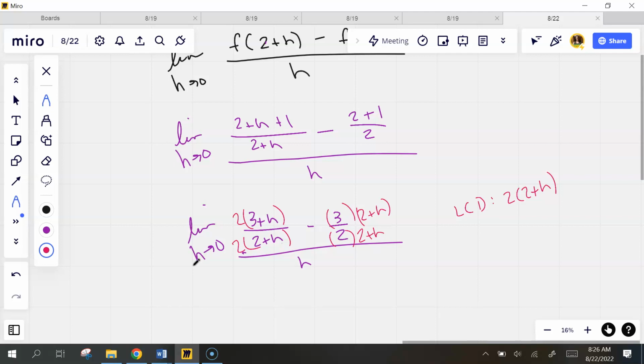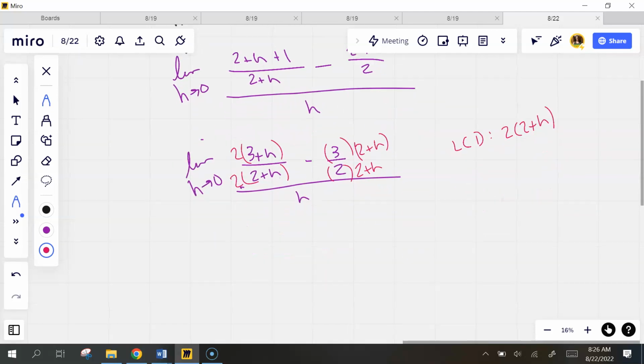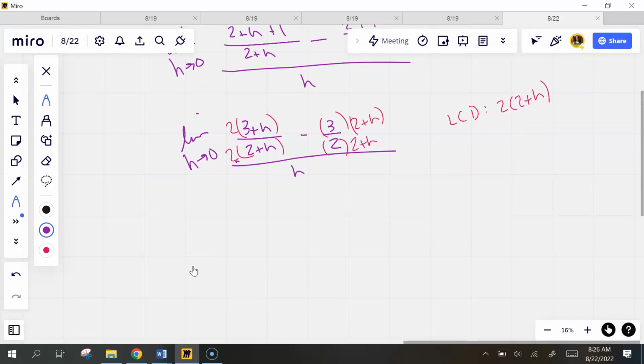So I gave it what it was missing. 6 plus 2h minus, I'm going to go ahead and combine these as well, 6 plus 2h. And everybody goes over.